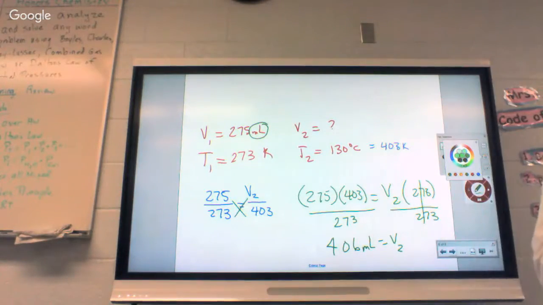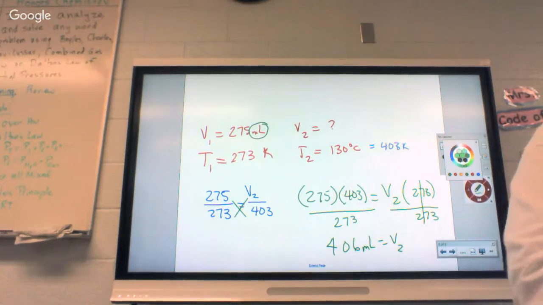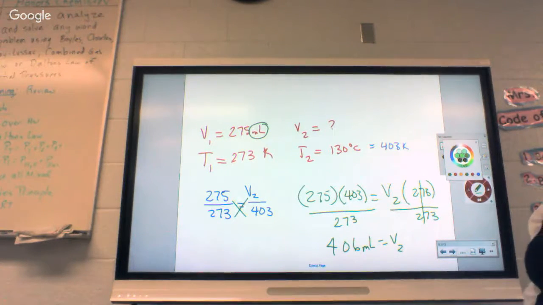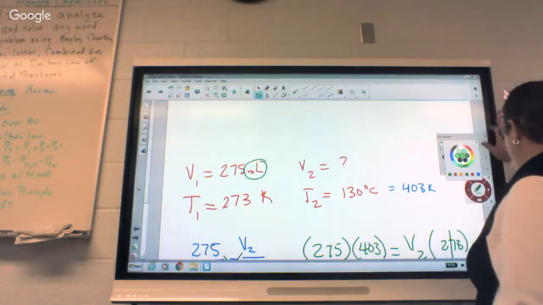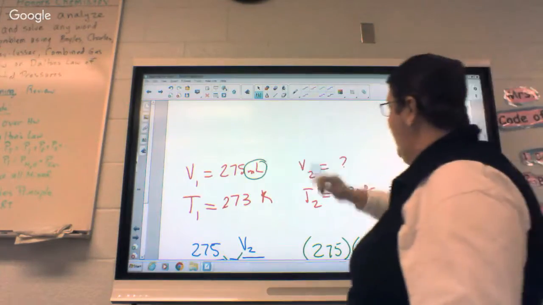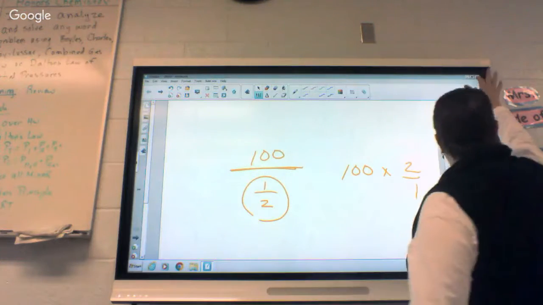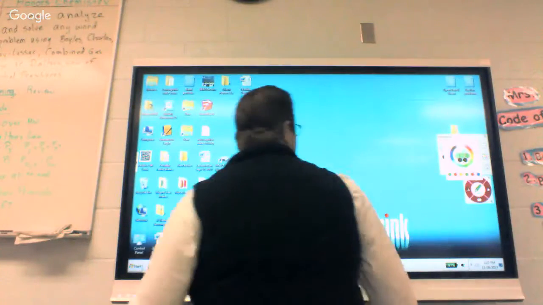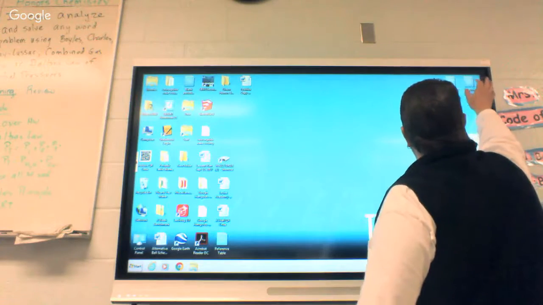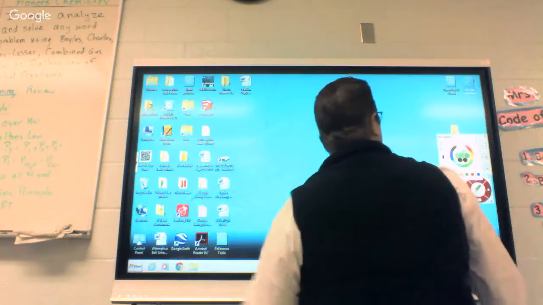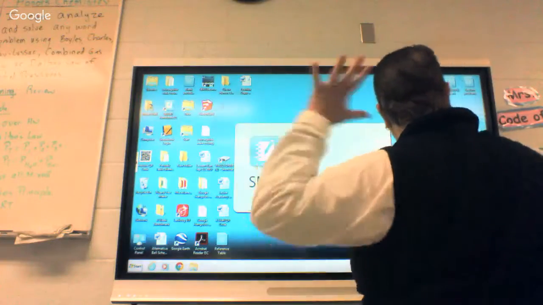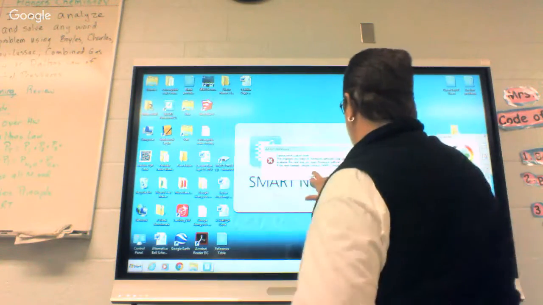Okay. Now, find your notes. We're going to finish Dalton's Law, and then we're going to practice all the gas laws mixed up before we do our quiz tomorrow. Quiz tomorrow. Not today, tomorrow. The quiz tomorrow has 5 gas law problems, because we've done 5 gas laws.